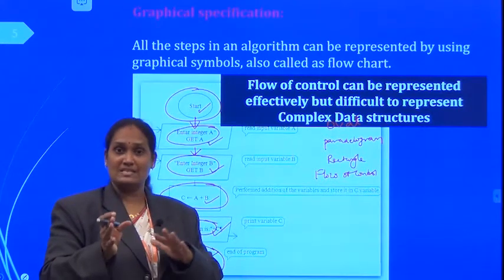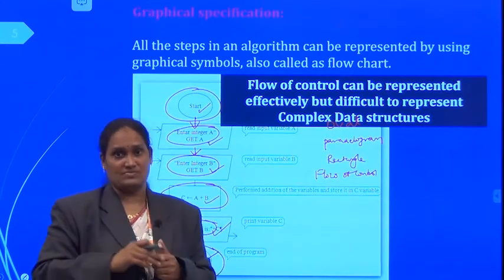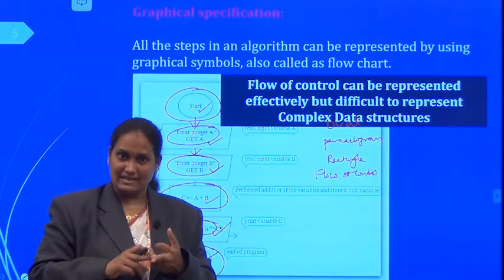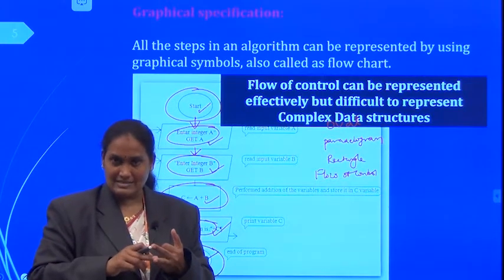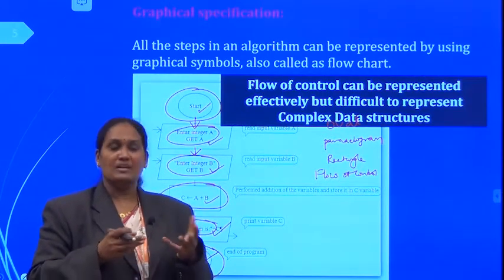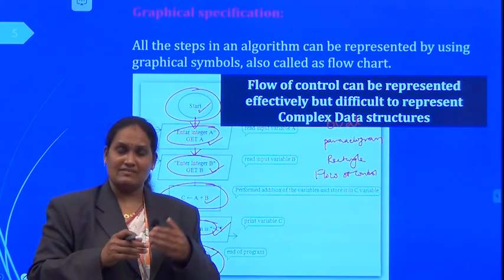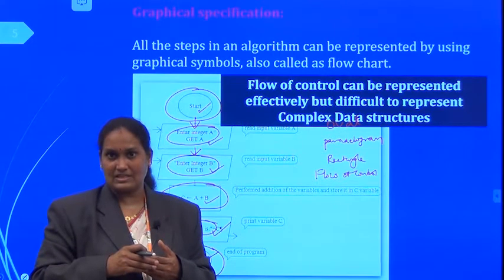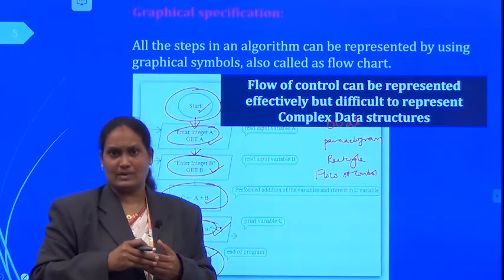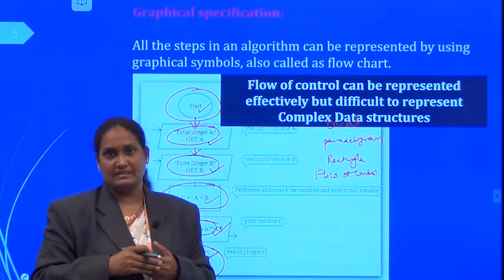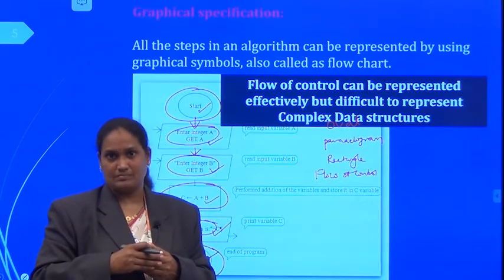Till now, we have seen two algorithm specifications. One is natural language specification and the other is graphical specification. Both have their own advantages and their own disadvantages. In case of natural language specification, it is very easy to understand, but we cannot represent the mathematical notations properly.